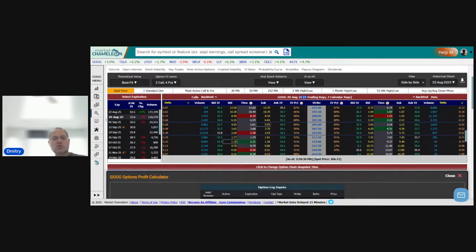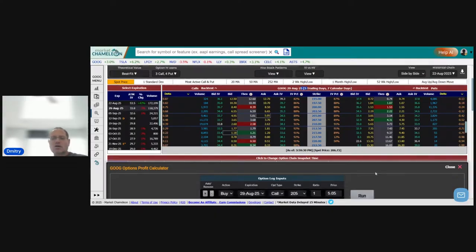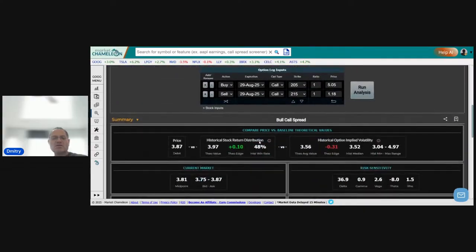There's no earnings expected between now and August 29th, so it's going to look at non-earnings periods, and based on the movements of Google over a 5-day period, give me the average theoretical value of this spread. So sometimes if the Google stock went down, it could be worth 0.